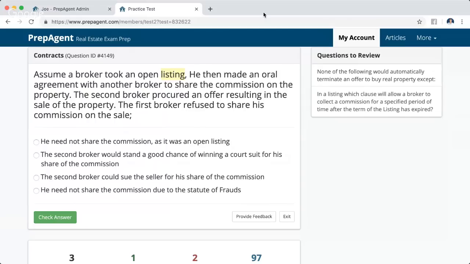C, the second broker could sue the seller for his commission. Or D, he need not share the commission due to the statute of frauds. What do you guys think?